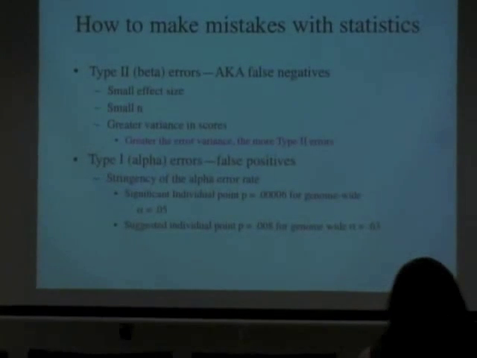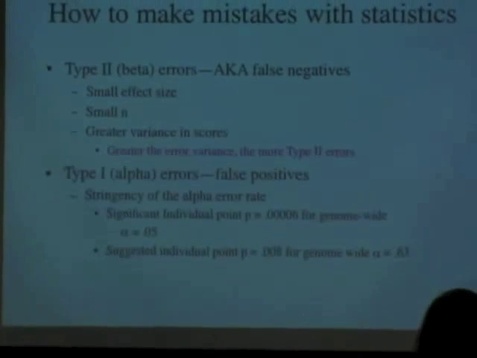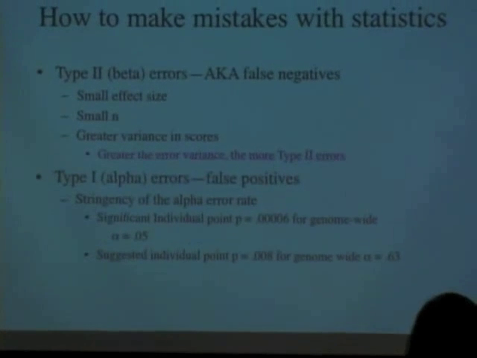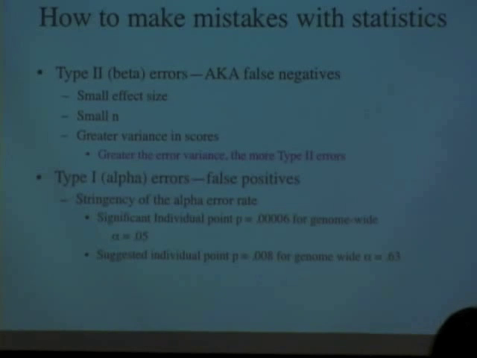We also talked about mistakes that can be made with statistics. They come in two big flavors. We talked about type 2 errors, which are false negatives, and we talked about how to go about getting these false negatives. Of course, you don't want that, but how is it that you can end up with false negatives?